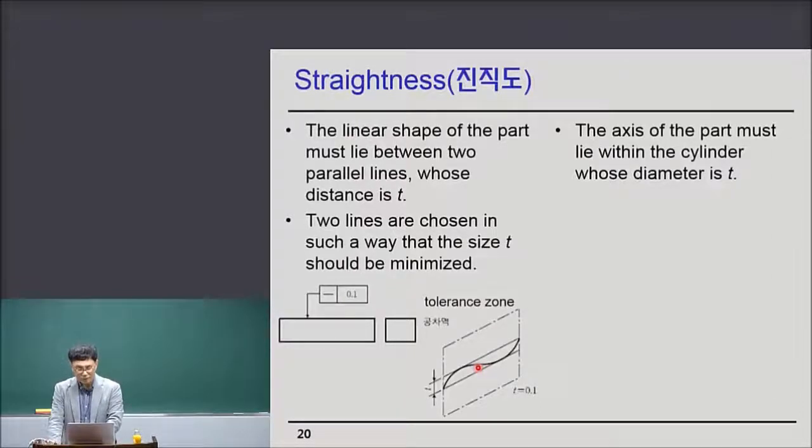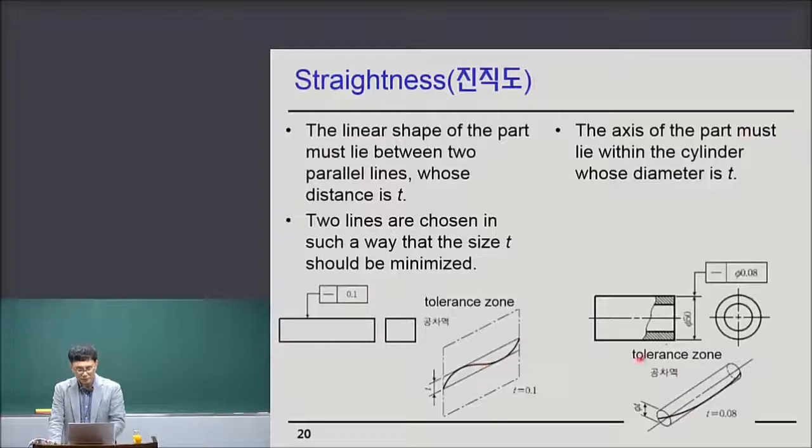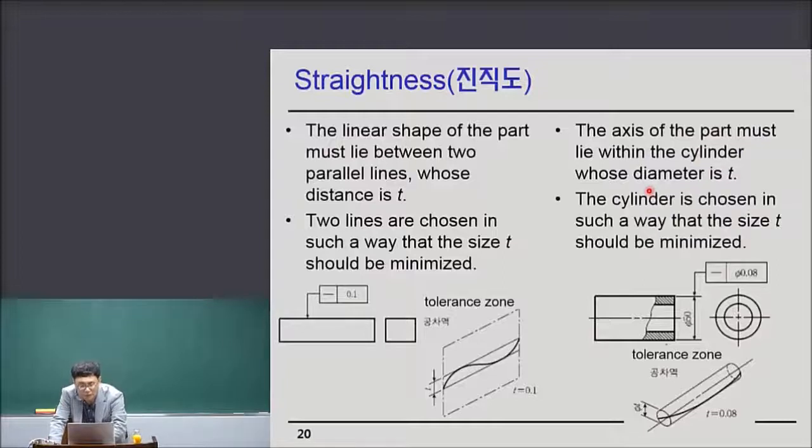In this case, we can also assign the straightness of the cylinder axis. The axis of the part must lie within the cylinder whose diameter is t. The cylinder is chosen in such a way that the size t is minimized.